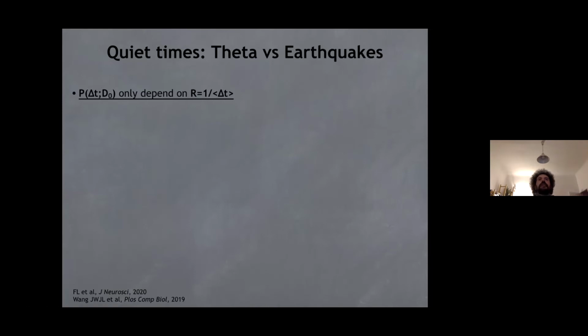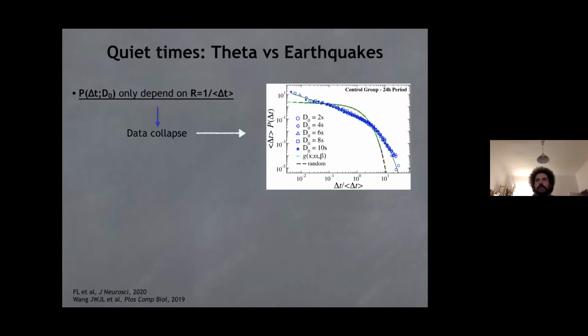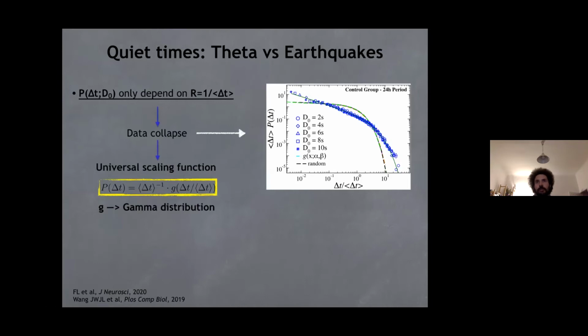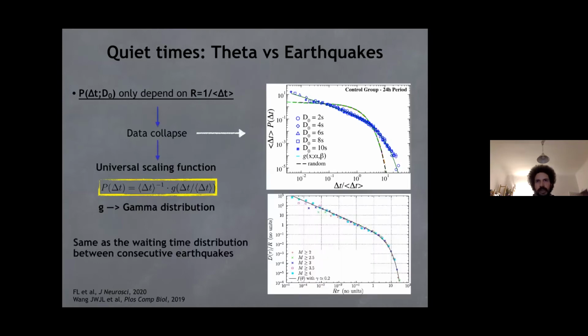If we do that for our data, we also find a beautiful data collapse, and the universal scaling function here is a gamma distribution, which is the same scaling function that we have for the distribution of quiet times between consecutive earthquakes.